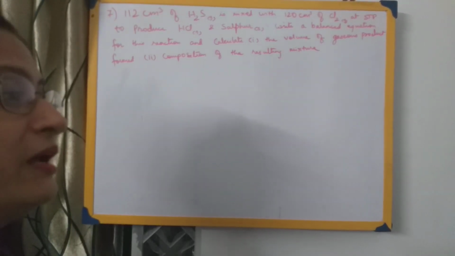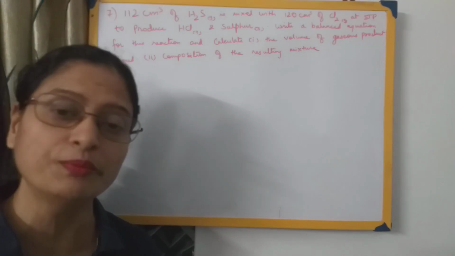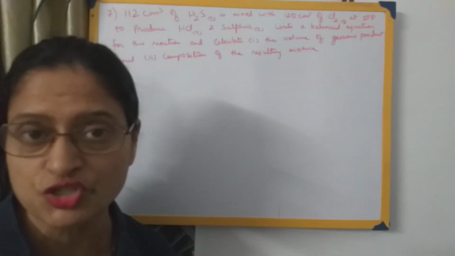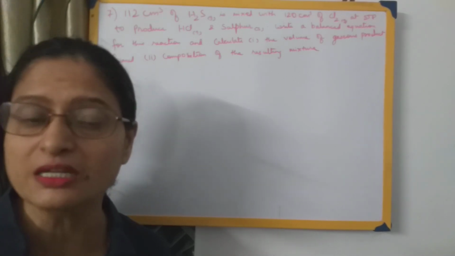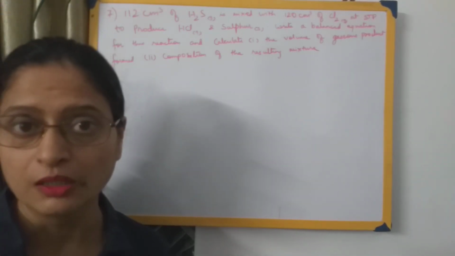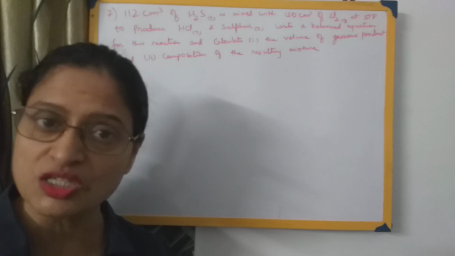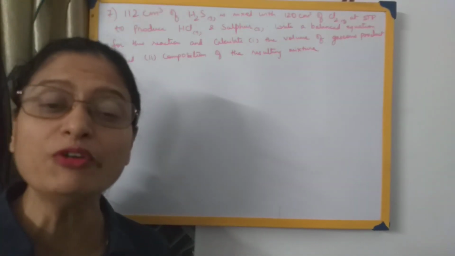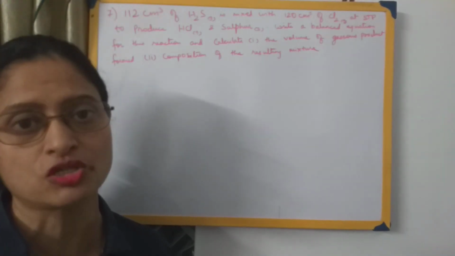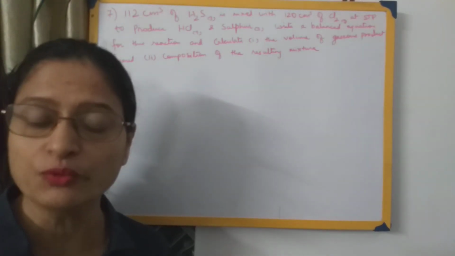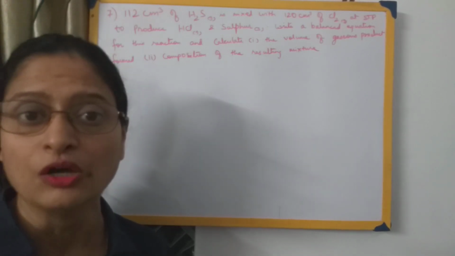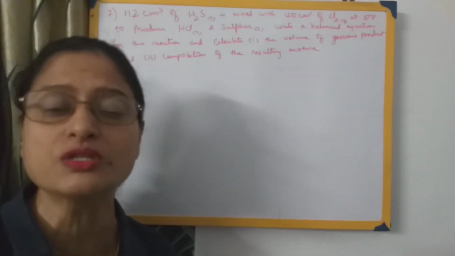Now, what do we mean by resulting mixture? First of all, you should be clear with the idea what we mean by resulting mixture. Resulting mixture means the products which have been formed in the gaseous state, that you will find out, as well as any gases or any substance which remains unused in the reaction.